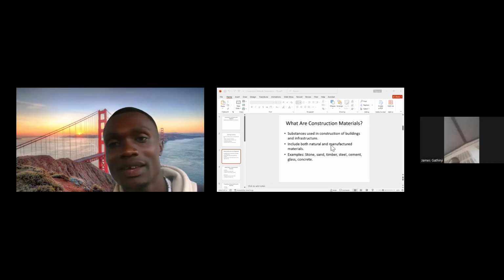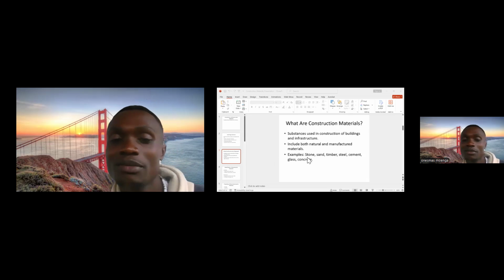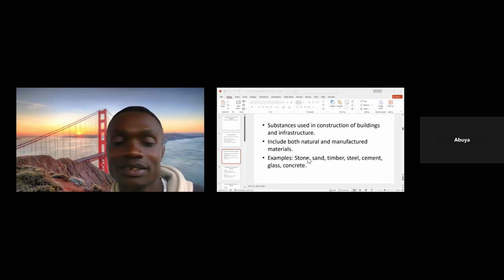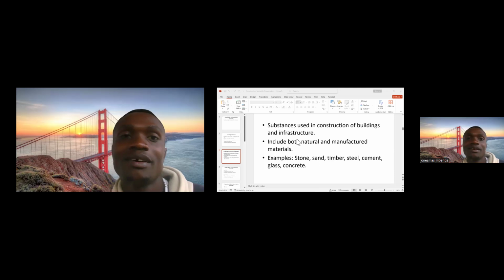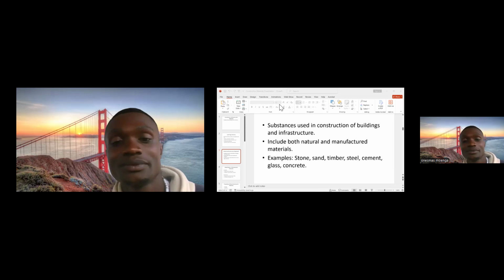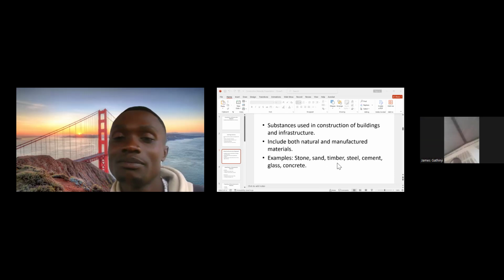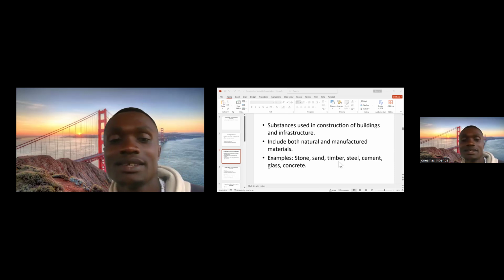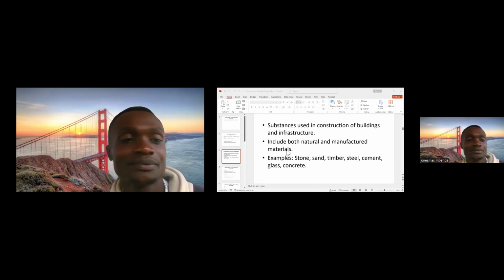Abuya, give us some examples. Cement. So let's appreciate our colleague. So we have got sand, timber, steel, cement, glass, and concrete.